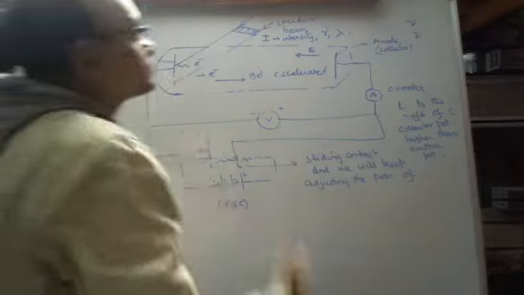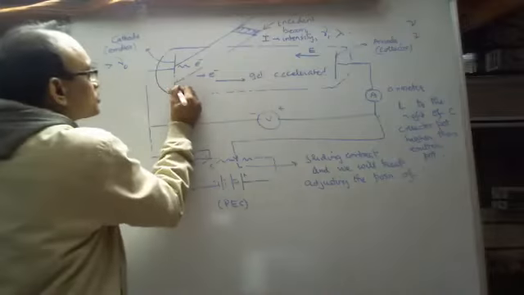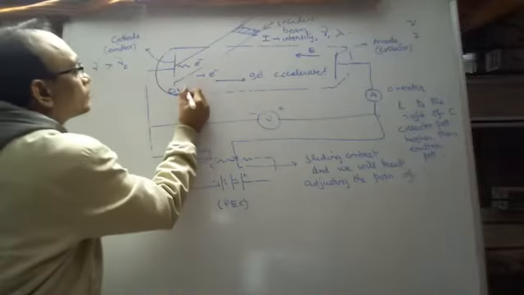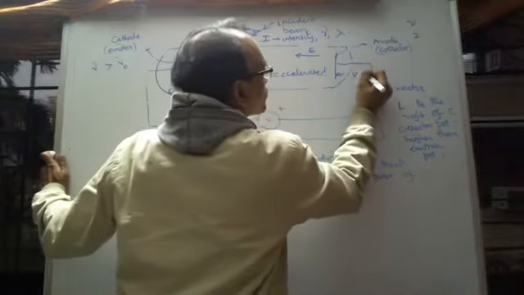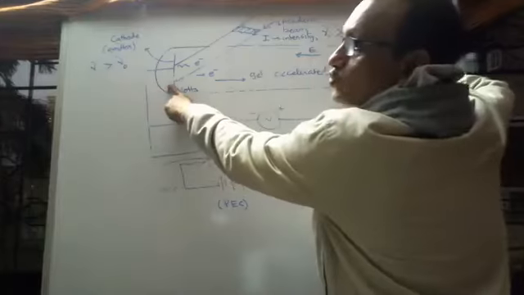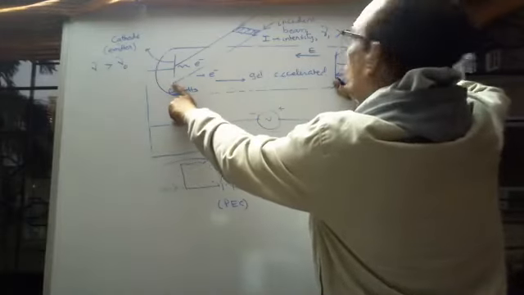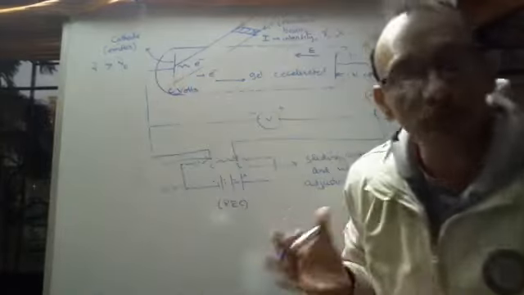Now look at this. If I call this 0 volts, this will be say V volts, where V is the potential difference between the two. I can call any point 0 volts.